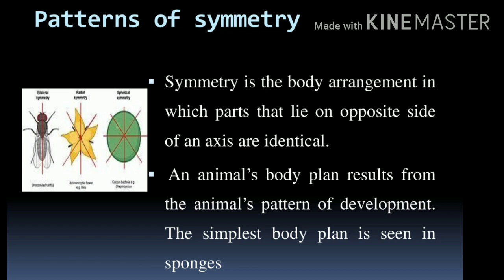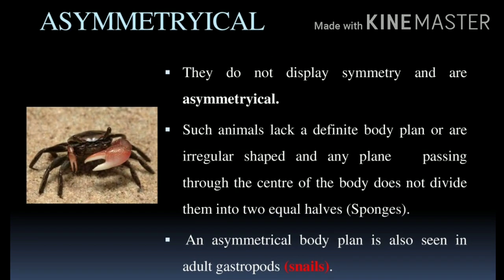Okay, so an animal's body plan results from the animal's pattern of development. The simplest body plan is seen in sponges. Underline which one has the simplest pattern of symmetry: the sponges. Next, what is asymmetry? Asymmetry means not displaying an equal division. If we cut, it cannot be separated into equal opposite sides; it does not display symmetry.